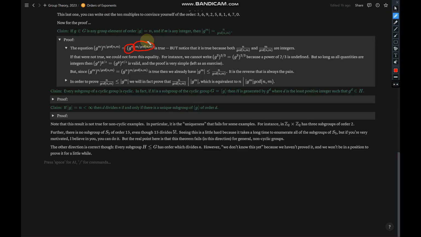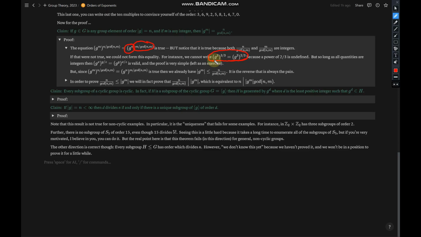You do have to be a little bit careful, especially in this setting, with doing those steps because division introduces a certain concern that some of these things may not be integers. You could confirm that sometimes, like if you take g to the 2 to the 3 over 3.